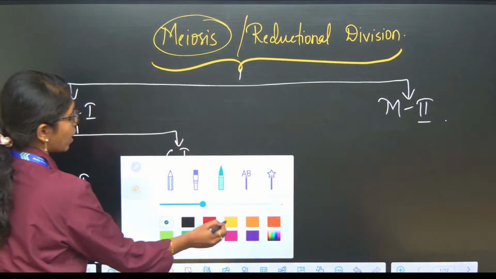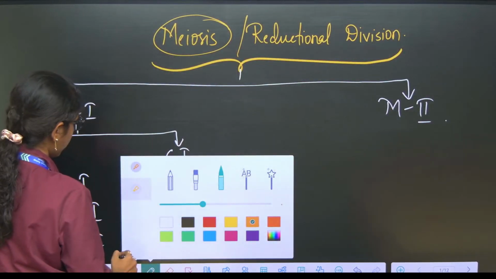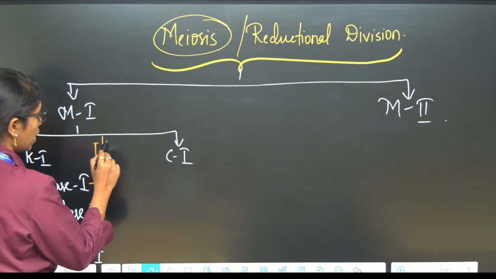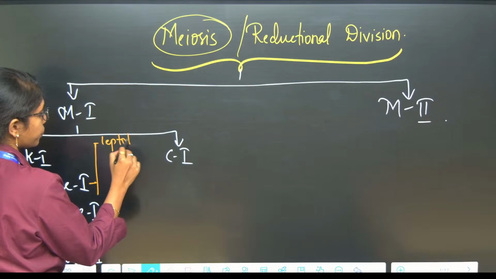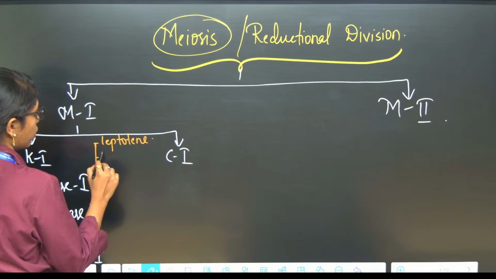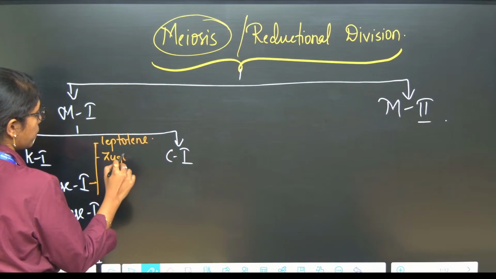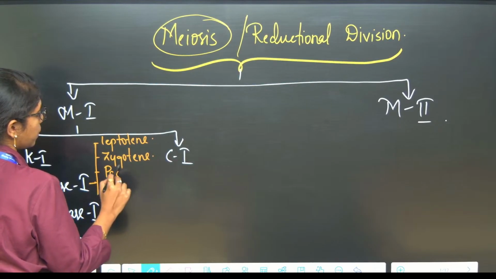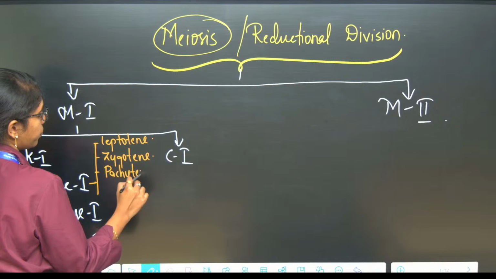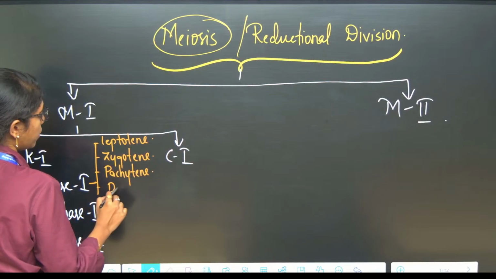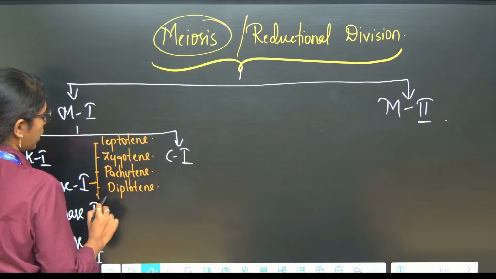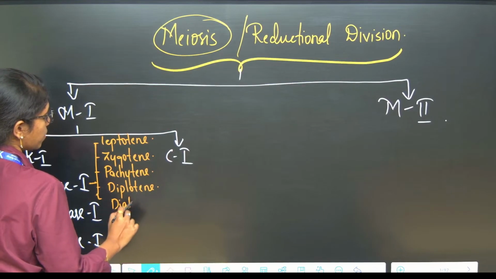In prophase 1, we have 5 substages. What are the 5 substages of prophase 1? Leptotene, zygotene, pachytene, diplotene and diakinesis.